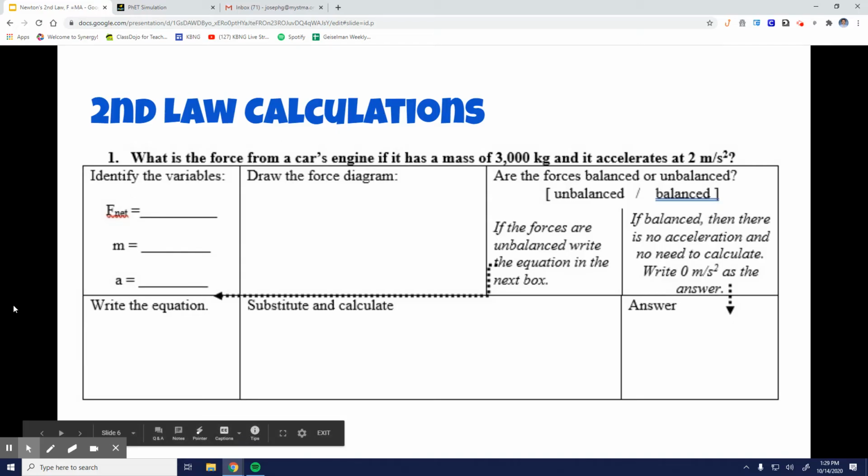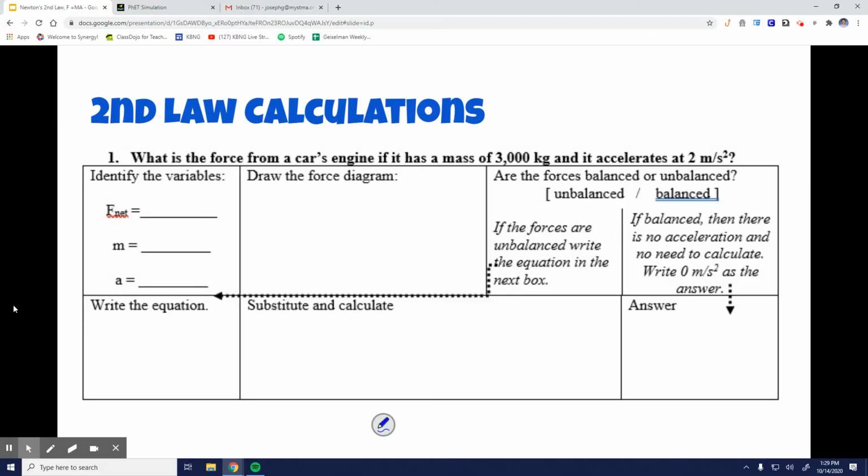So with Newton's second law, we know that force is equal to mass times acceleration. The scenario asks us: what is the force from the car's engine if it has a mass of 3,000 kilograms and accelerates at 2 meters per second squared?